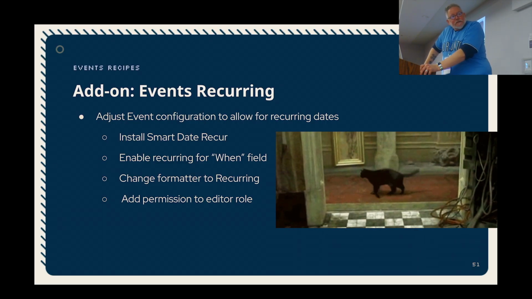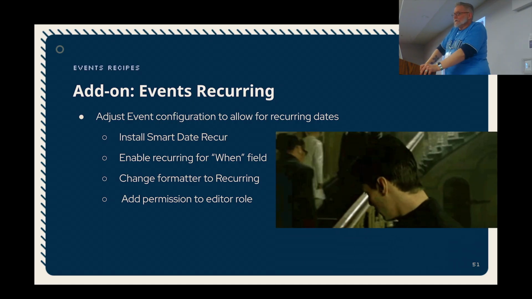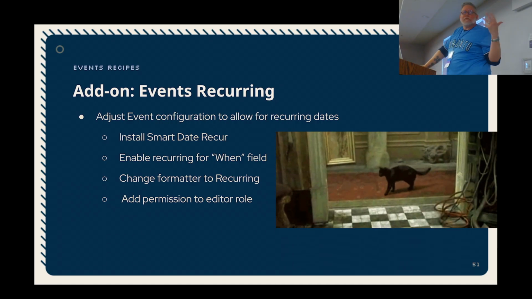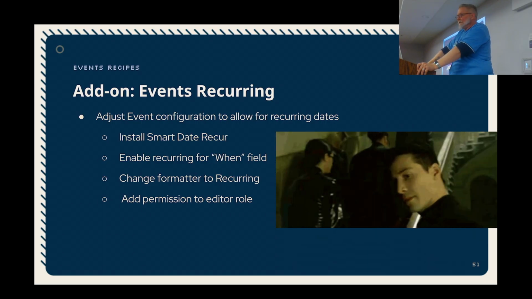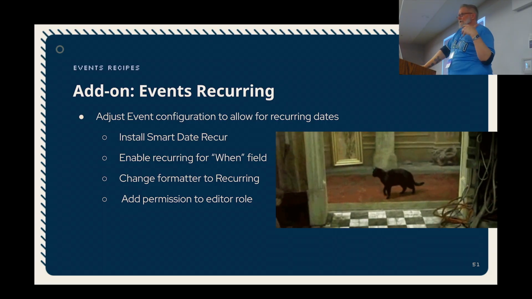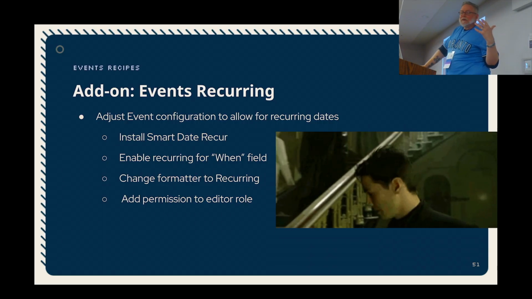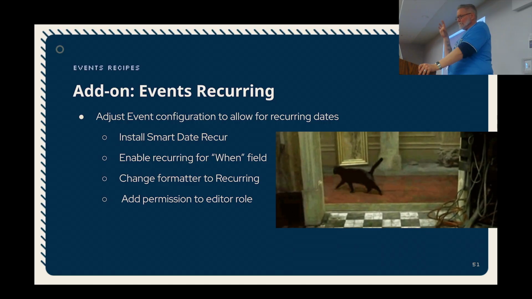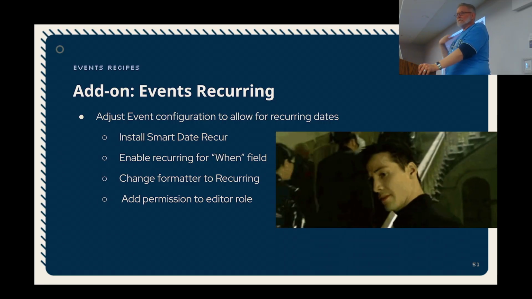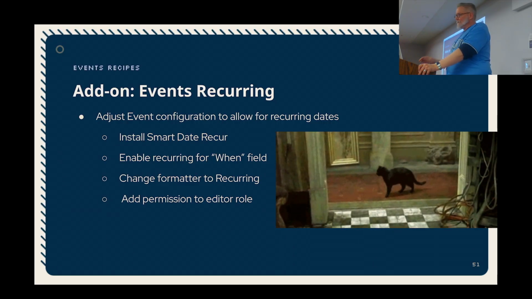And then the last one that we saw was the events recurring recipe, which in my mind is probably the simplest recipe that I ever worked on. If you know things like the Smart Date module and how to set it up, it probably will only save you a few minutes of effort. But I think it's important for people that are new to the community to have a very simple way to get that all set up without having to learn the complexities of where to go to make certain changes.